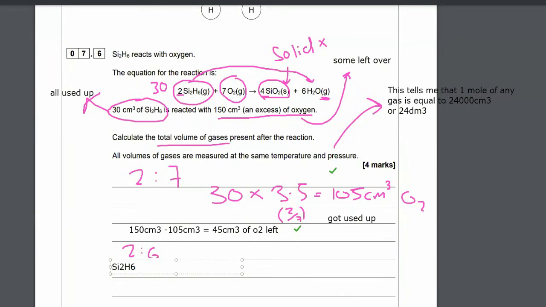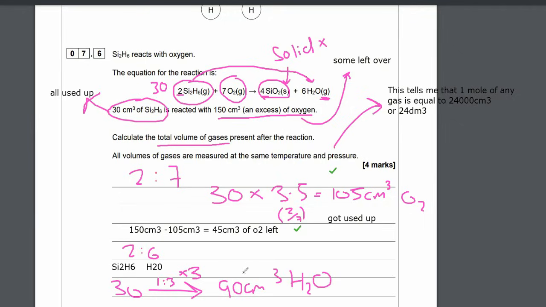Si2H6 is in a ratio with the H2O of 2 to 6. So we have 30 of that. How much are we going to have of that? Well, of course, that's the same as saying a 1 to 3 ratio. So we need to times it by 3, and we're going to have 90 centimeters cubed of H2O.